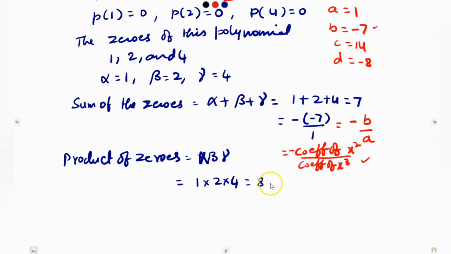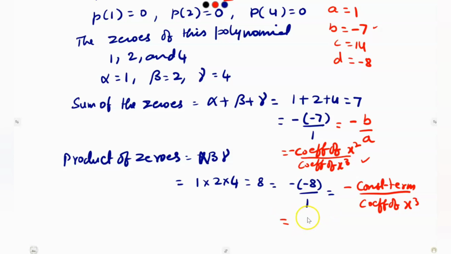So I can write this as 8 again, minus of minus 8 by 1. Why? Because if you compare with the values of a, b, c, d, minus 8 is nothing but the constant term. So the negative constant term by 1, which is the coefficient of x cube. So the product of zeros can also be written as minus d by a, where d is the constant.